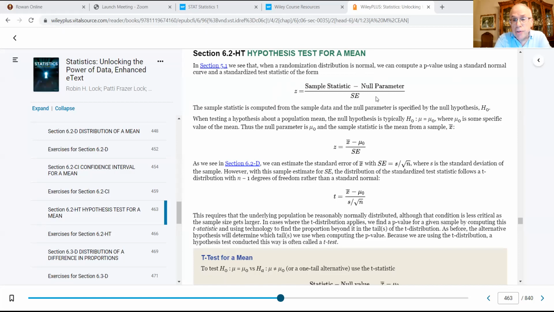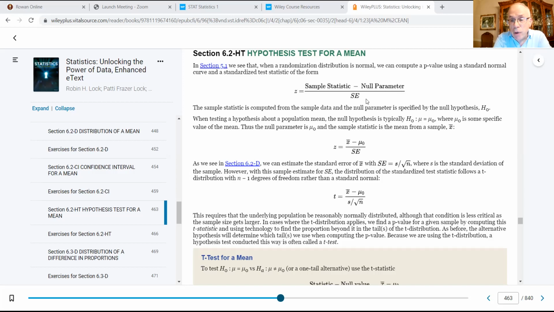The numerator of the test statistic is the sample statistic, which would be the sample mean, x bar, minus the null value of the null hypothesis. That would be the proposed or hypothesized population mean, the mean that's in the null hypothesis. So again, x bar minus mu, and the denominator is the standard error.